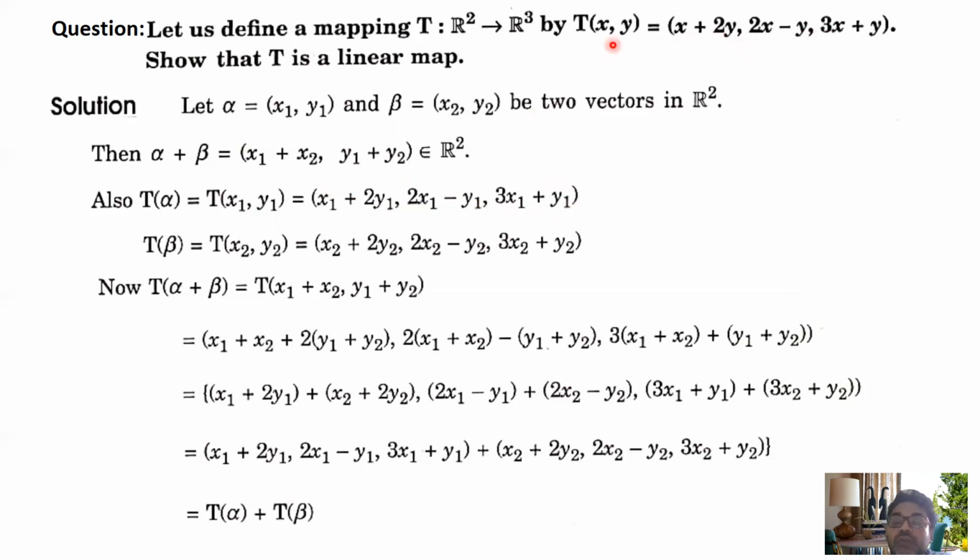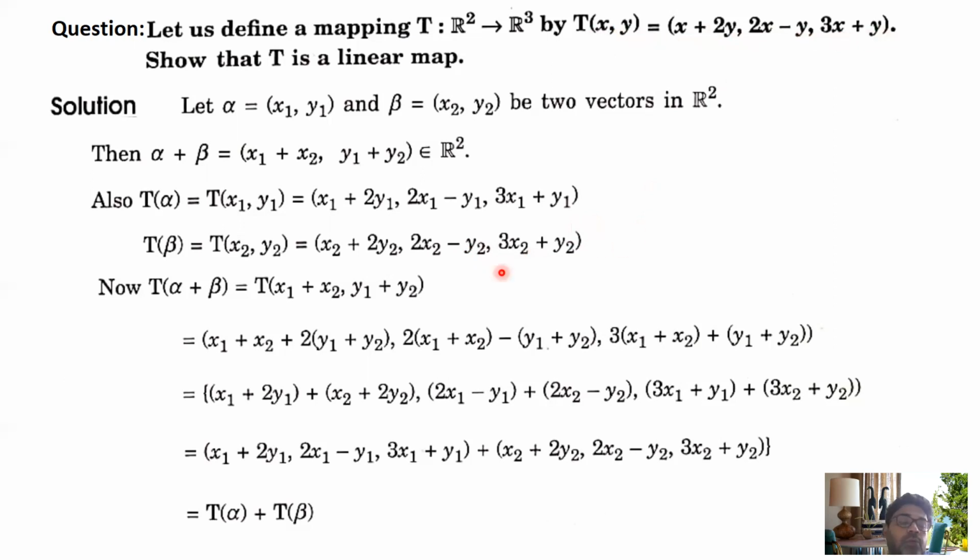So T(x1, y1) is (x1 plus 2y1, 2x1 minus y1, 3x1 plus y1). Similarly, T(beta) is equal to T(x2, y2), which is (x2 plus 2y2, 2x2 minus y2, 3x2 plus y2).